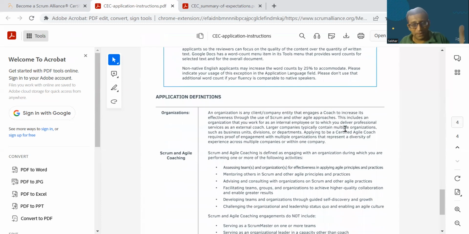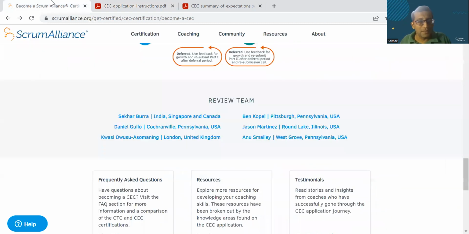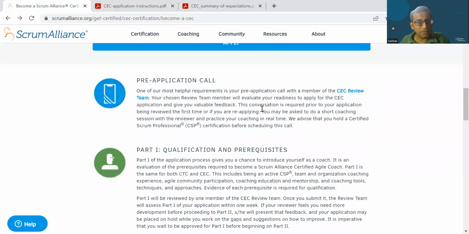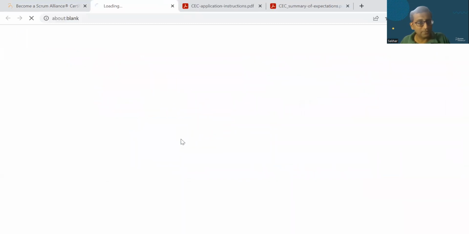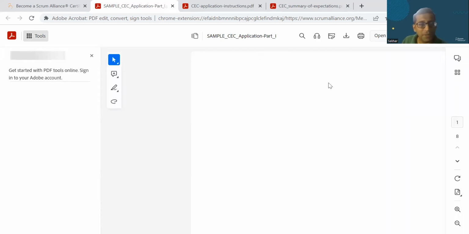So, some of the definitions here. If I go through part 1 and part 2 of your application, this is part 1 of the application. It is a sample application.